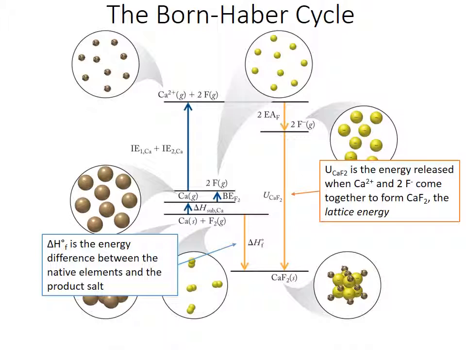This is the energy released when the calcium and fluoride ions come together to form the salt. This is the lattice energy of the compound. The heat of formation, delta H_f, can be readily measured with calorimetry experiments. The lattice energy, on the other hand, is very difficult to measure directly. The Born-Haber cycle was designed to let us calculate it. Let's see what that looks like.